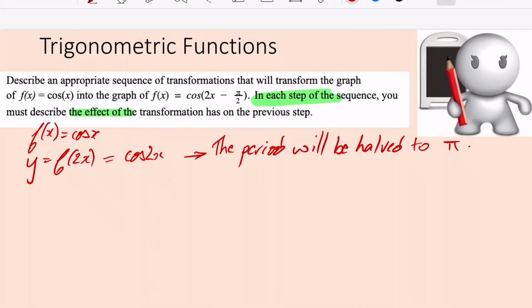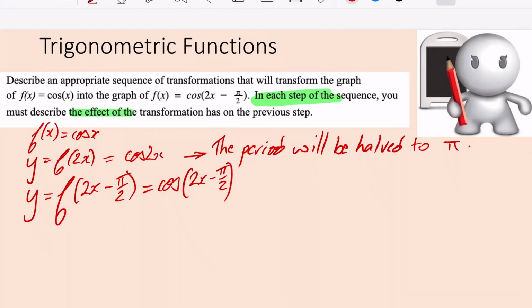Okay, then what happens next? Well, I do this. So now I substitute f of 2x minus pi on 2, and that's to give us cos of 2x minus pi on 2. Now here, it's all about the horizontal translation.